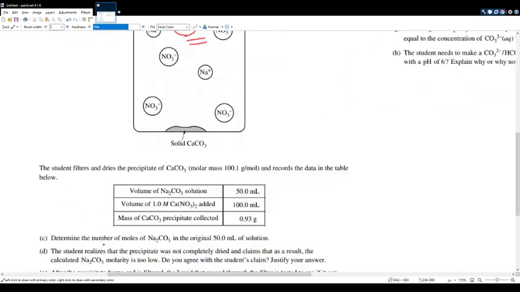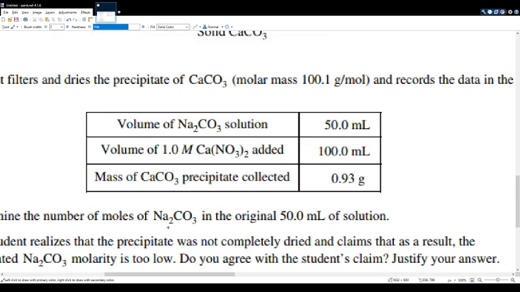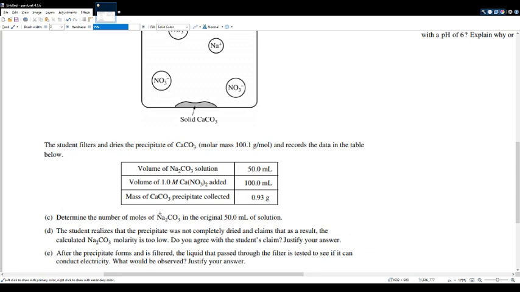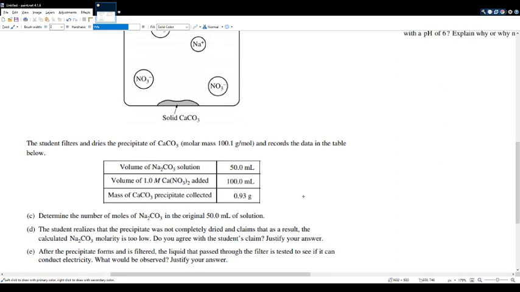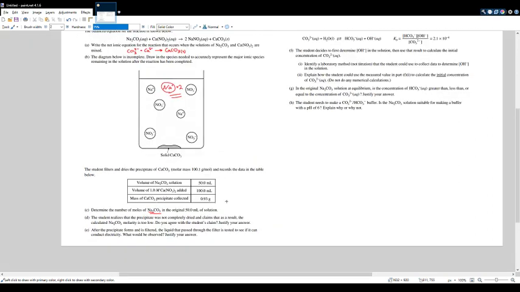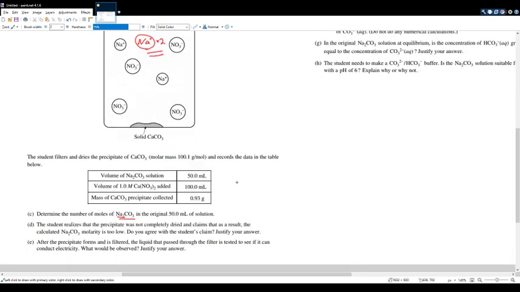Part C says determine the number of moles of Na2CO3 in the original 50 ml solution. So this is simply a stoichiometry problem. So there's 0.93 grams of the precipitate, and it's simply the limiting reactant.